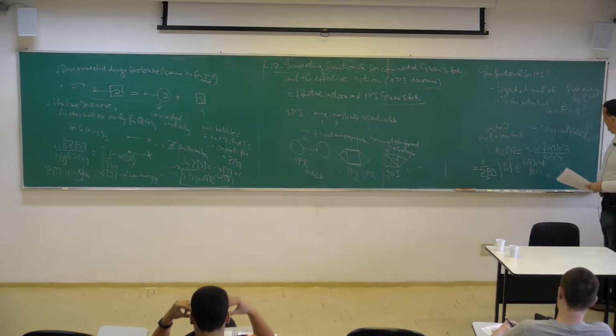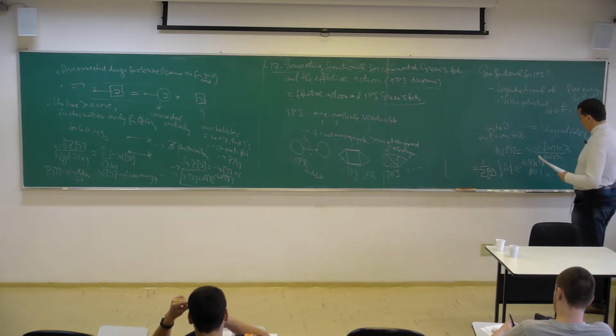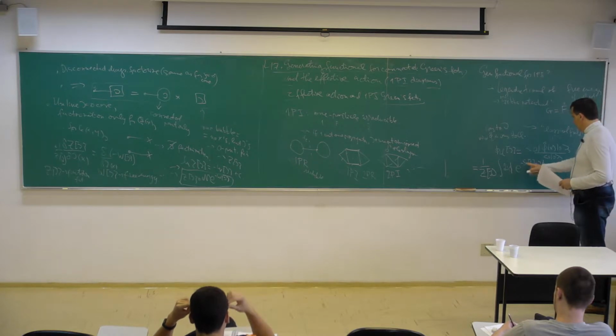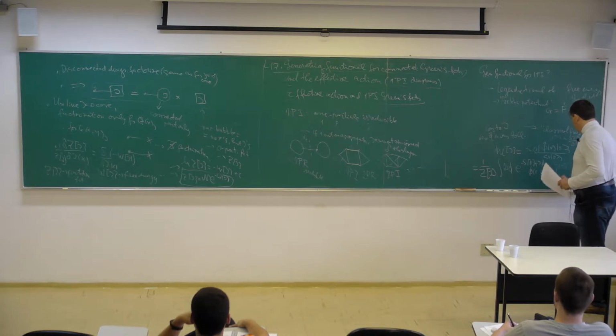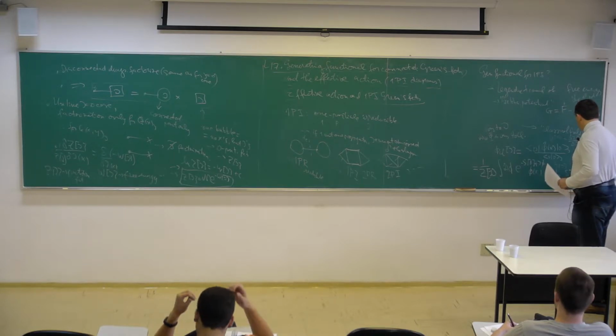But also we remember that the one-point function is the derivative of Z with respect to J of x. So 1 over Z of J, dZ of J, dJ of x.